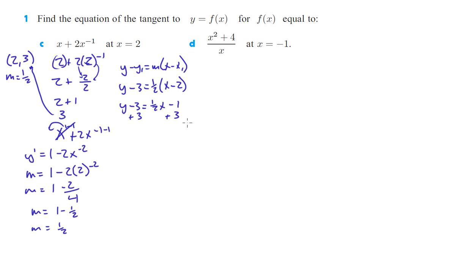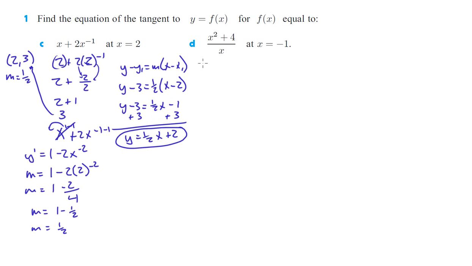Add 3 to both sides, and we get y equals 1/2 x plus 2. That's the equation of the tangent line to this function at x equals 2. So that's the instantaneous rate of change at that point, at x equals 2 on that equation.